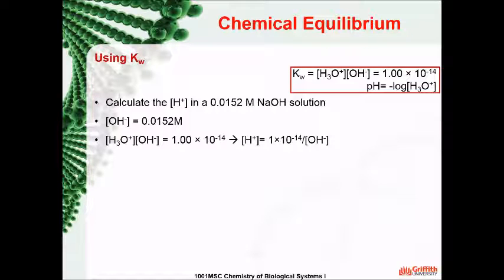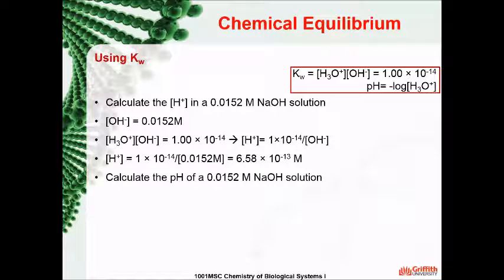By rearranging the equation, concentration of H plus times concentration of OH minus equals 1 times 10 to the negative 14, we can calculate the concentration of hydrogen ions is equal to 10 to the minus 14 over OH minus. Thus, the concentration of H plus is equal to 6.58 times 10 to the minus 13 molar.